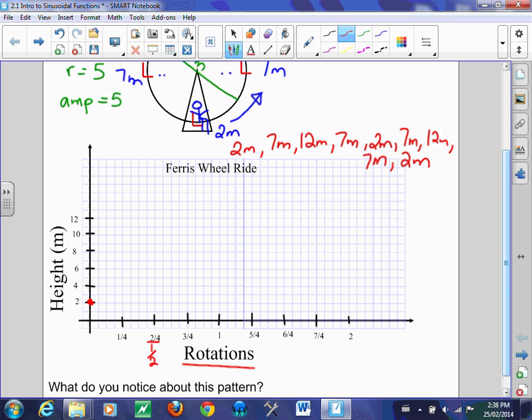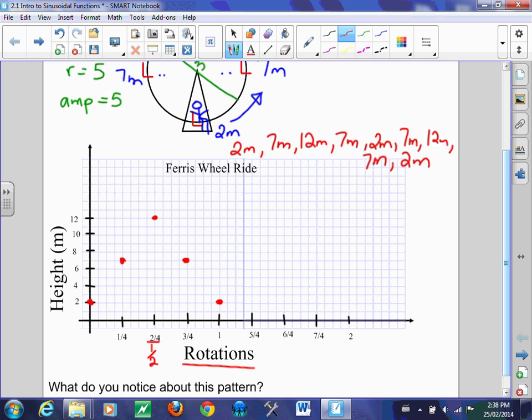Then by the first quarter rotation, you are at 7 meters. Then halfway through the ride, you're up at the top, which is at 12. Then coming back down, you hit three quarters at the axis, which is at 7. And then at the full first rotation, you are back at 2.